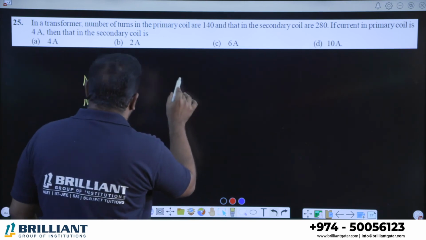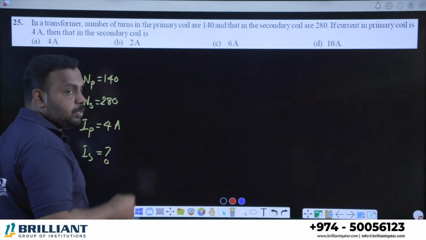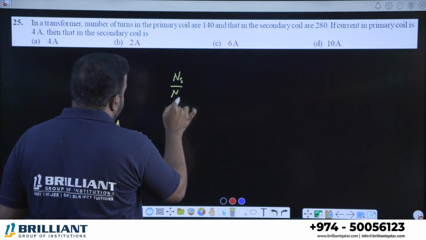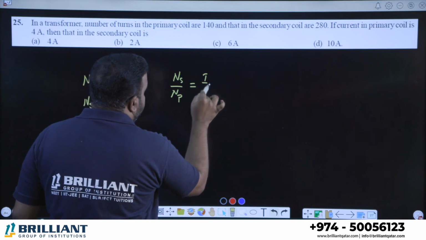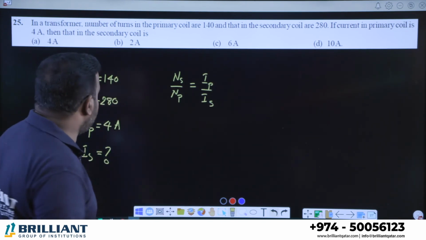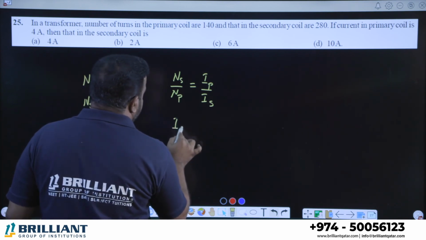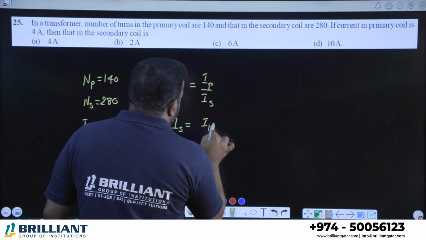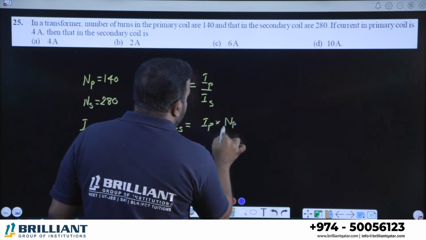So if you can recall the transformer ratio, what is it? NS by NP is equal to IP by IS. So we have to find IS value. So IS is equal to what? IP into NP by NS, right?